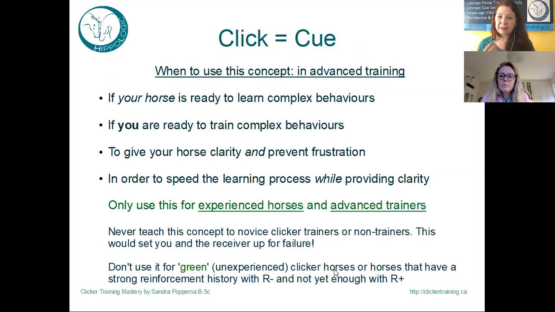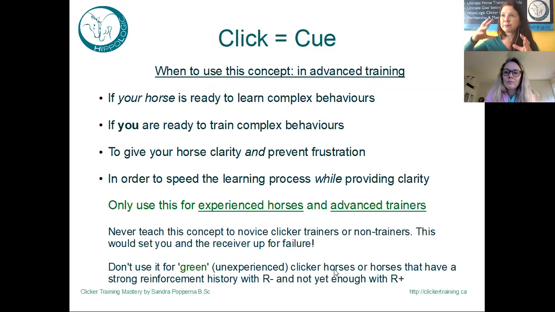And I think people are ready if they also master the key lessons for trainers, like you are doing: making the training plan, knowing about the learning theory, making shaping plans, and really understanding what is happening, what is causing the behavior. It also can help give your horse more clarity and prevent frustration if you use this well.